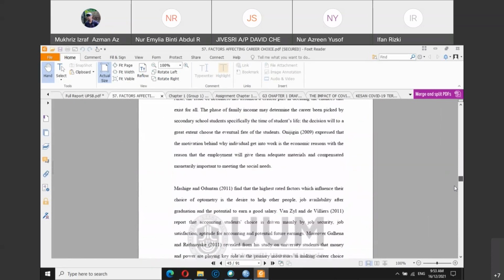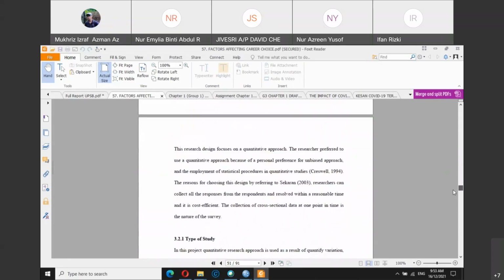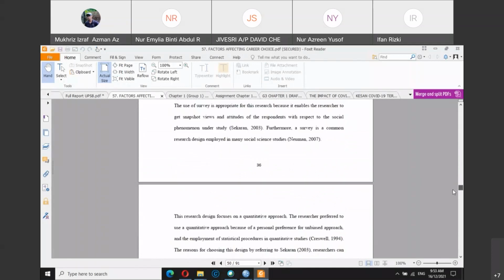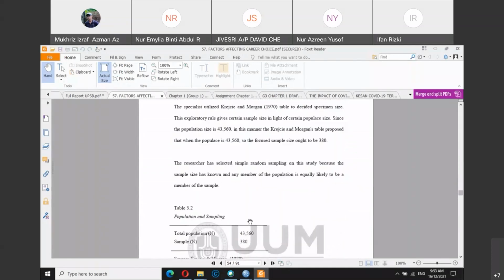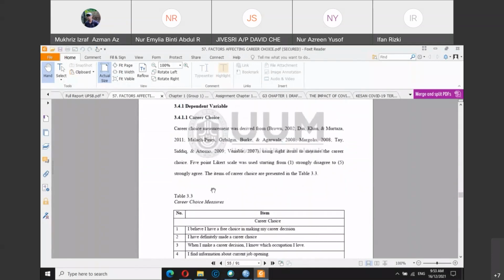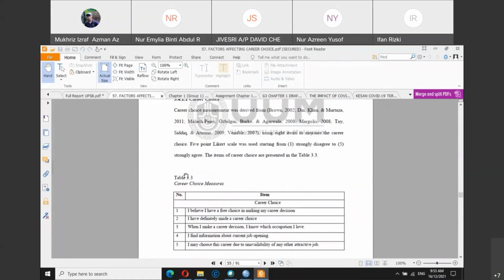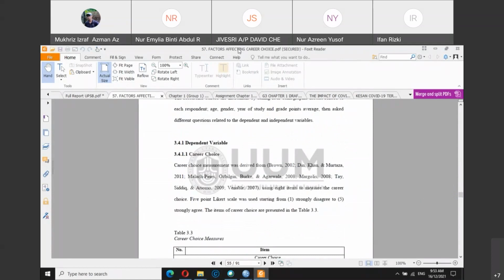By now you should know, when it comes to regression, you should have dependent and also independent variables. So in this chapter, you can see that the student has a dependent variable, which is the career choice factor. So it's the Y and the X.